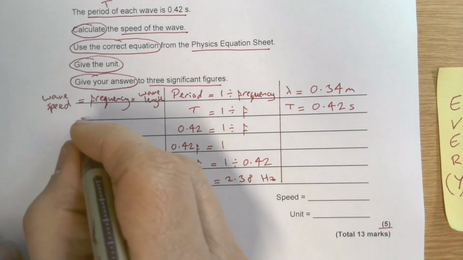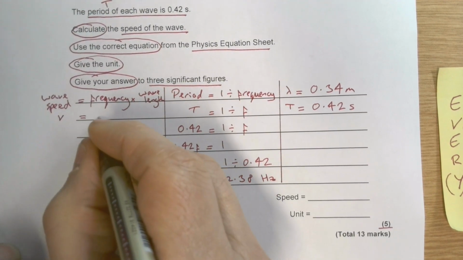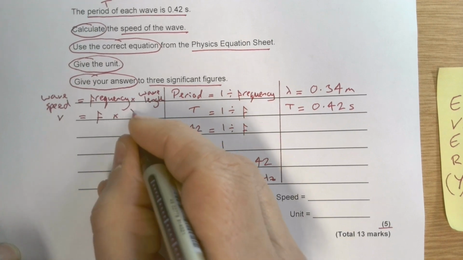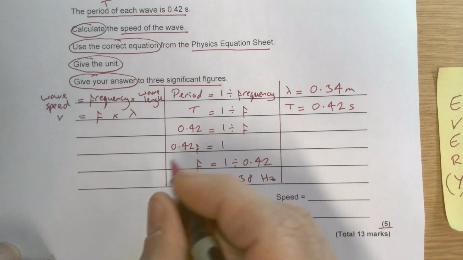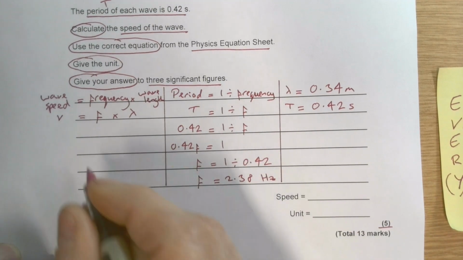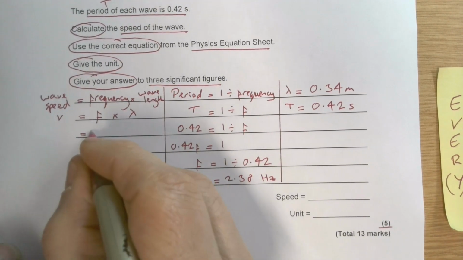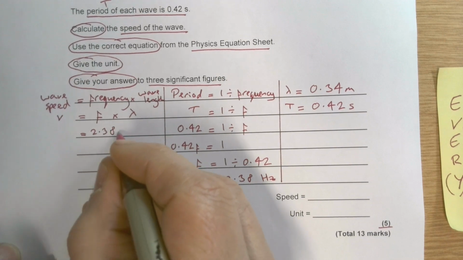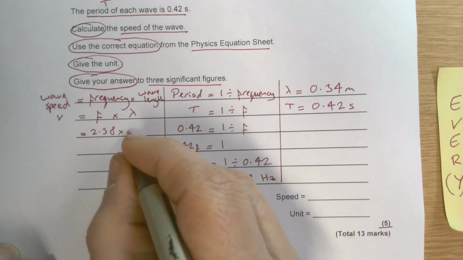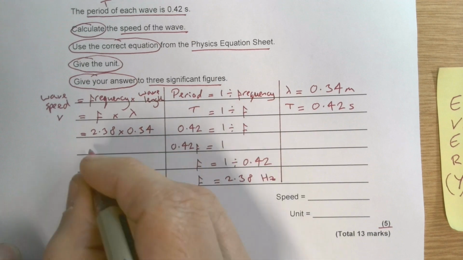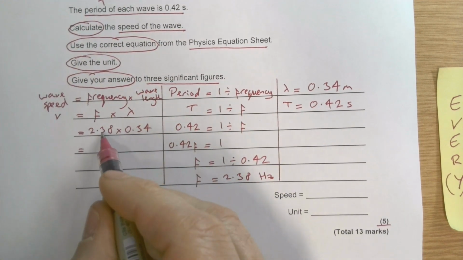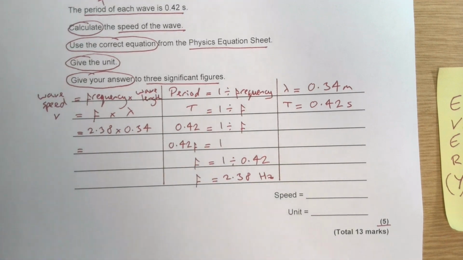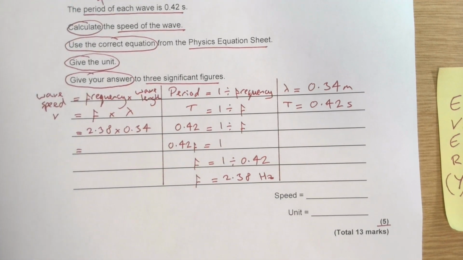Then go back over here, so wave speed is v equals frequency times wavelength. Well, I've now got f, so v is equal to f, which is 2.38, times by wavelength, which was 0.34. I'm going to make sure I use the value from my calculator, because it's quite a lot longer.